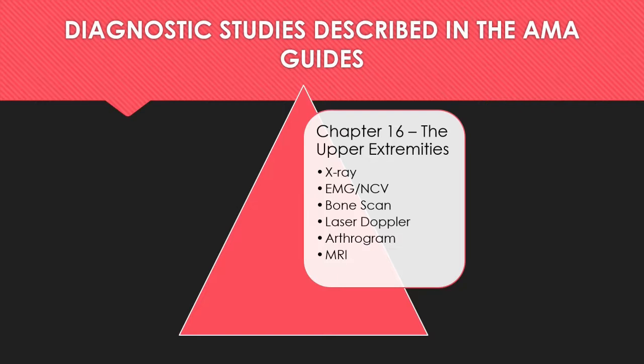They talk about the use of bone scan, laser Doppler. They talk about arthrogram, and then also MRI studies. So you need to be familiar with which impairments in each of these chapters are assessed with which diagnostic study.